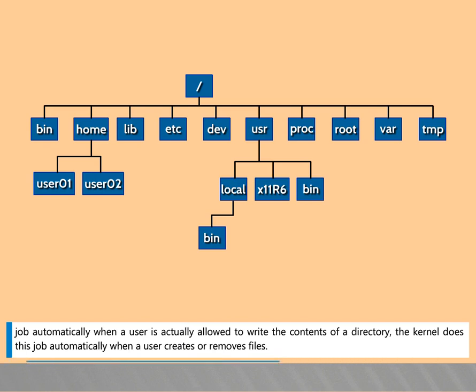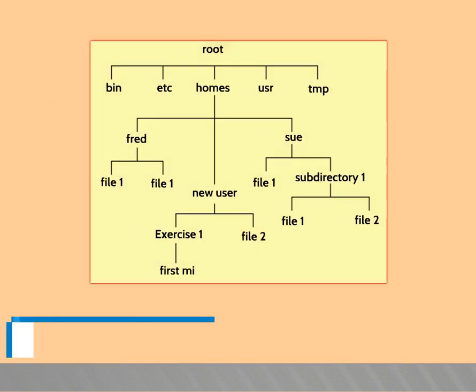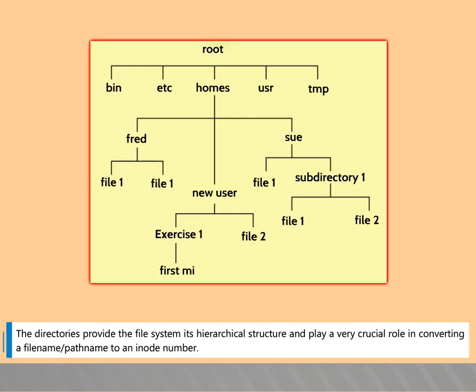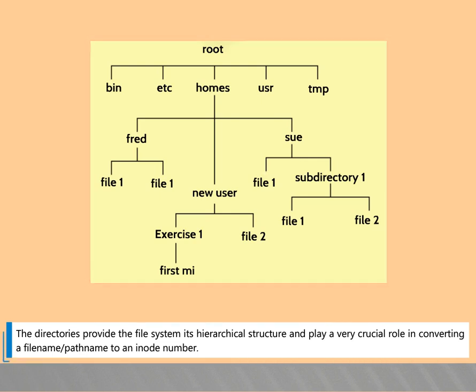The kernel does this job automatically when a user creates or removes files. The directories provide the file system its hierarchical structure and play a very crucial role in converting a file name or path name to an inode number.